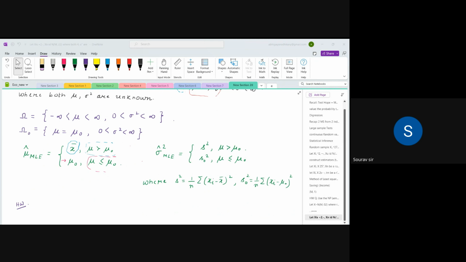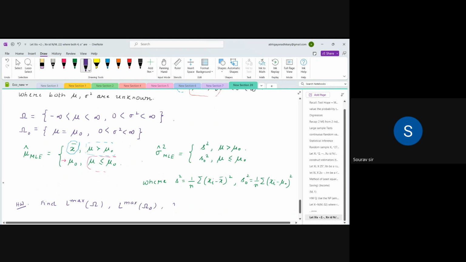So the next step would be to find the maximized value of the likelihood function under omega, the maximized value of the likelihood function under omega naught, and then find lambda. By find, I mean calculate, obviously. Do give this a try, and we'll come back with the discussion of this in the next class onwards.